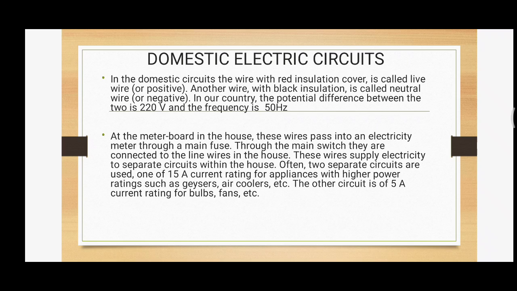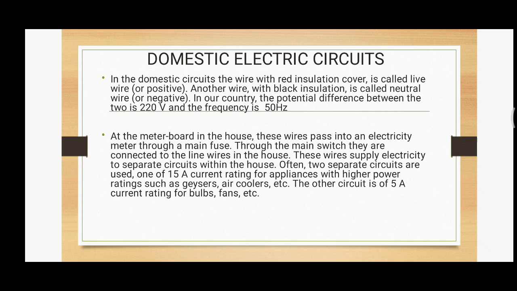There will be a main fuse, and through the main fuse the current passes to the meter, where the amount of current consumed is measured in the unit kilowatt hour, which we have discussed already in the section on the heating effect of the current.